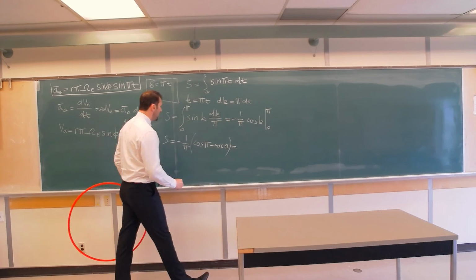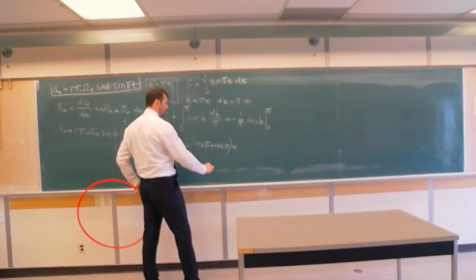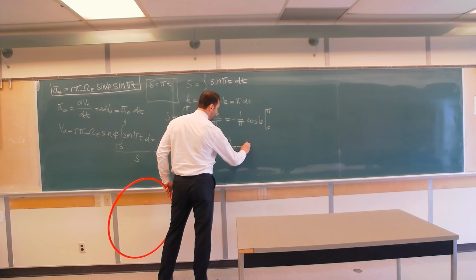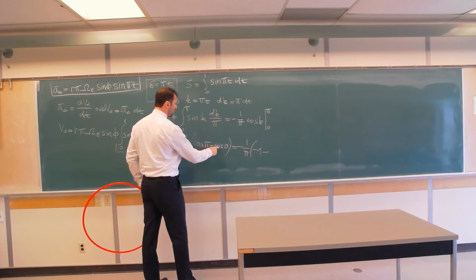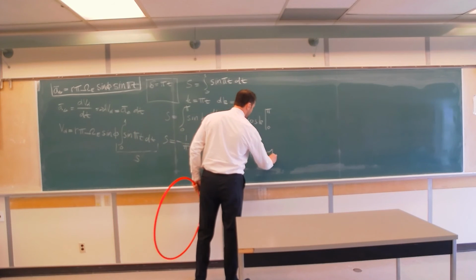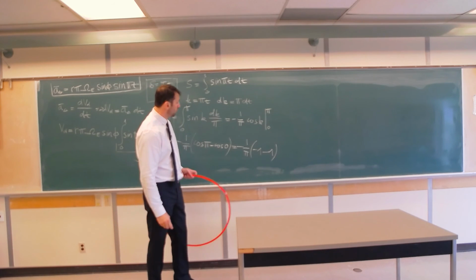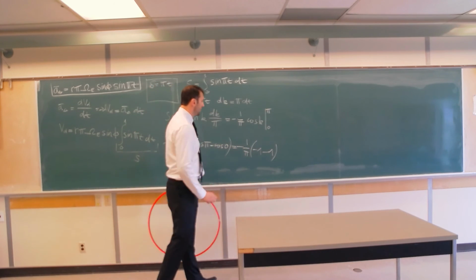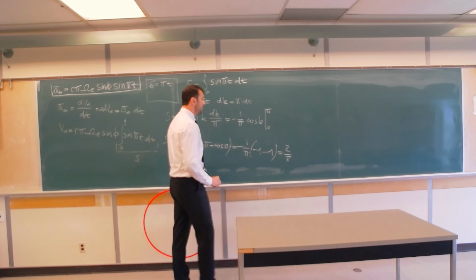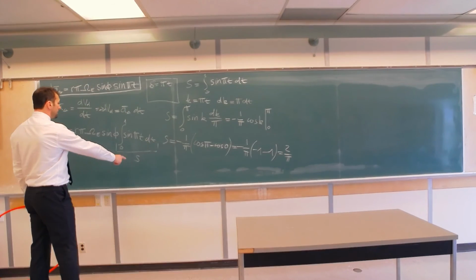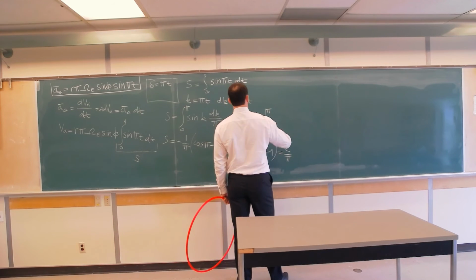Cosine of pi, I hope you know, is negative 1, so this is negative 1 over pi times negative 1 minus cosine of 0, which is 1. So minus 1 and minus 1 is minus 2, and this minus over here results in this integral being 2 over pi. Okay? So that's the integral S.